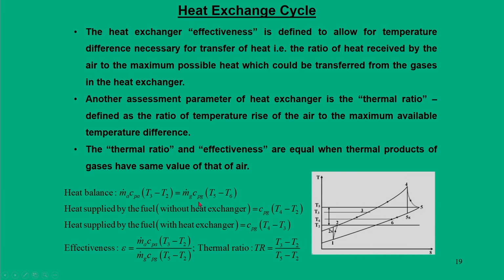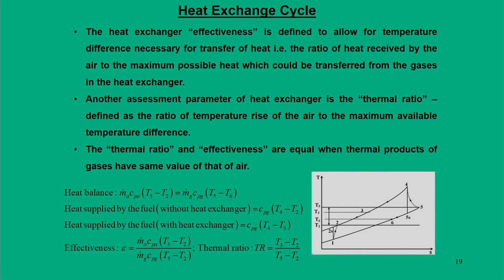Here we can see that when we are looking at the turbine side, we represent the gas term m dot g Cpg, that is the specific heat of the gas, and when we are looking at the compressor side, we look only at the air. And ideally, if no fuel is supplied, then the distinction between m dot a and m dot g has no meaning.